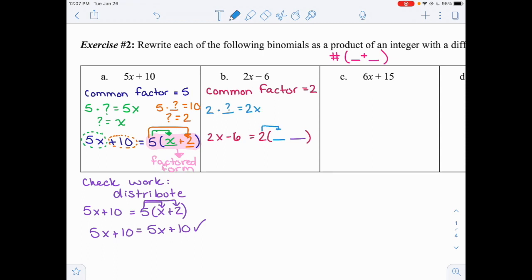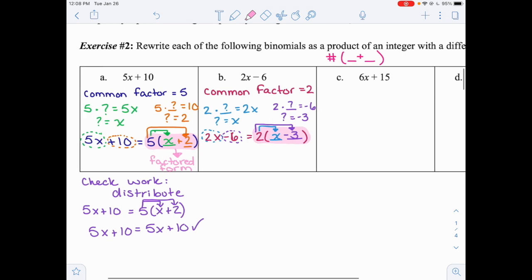Because this times this should leave me here. So x. And then the common factor times something should get me negative 6. And that's going to be negative 3. And the sign is important. So make sure it's x minus 3. So negative 6, because 2 times negative 3 should get me that, and it does. So again, that's factored form. You can check your work by distributing. I'm not going to.